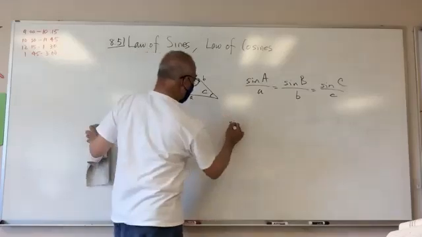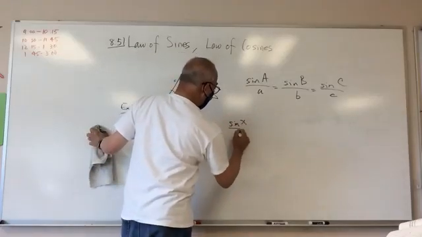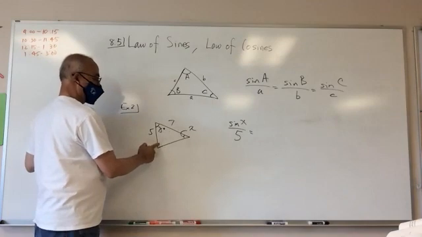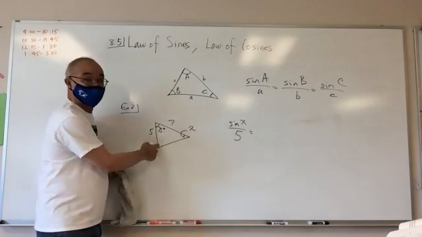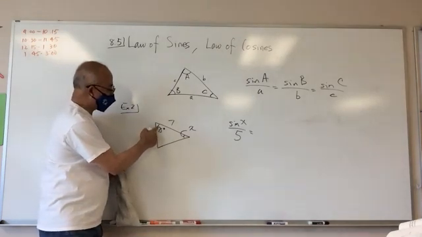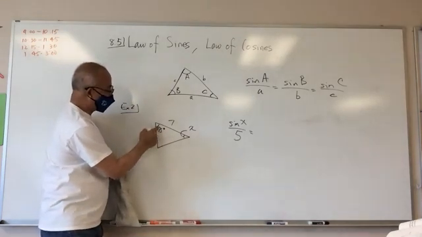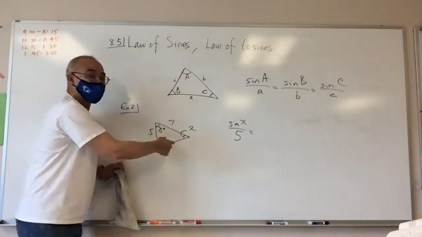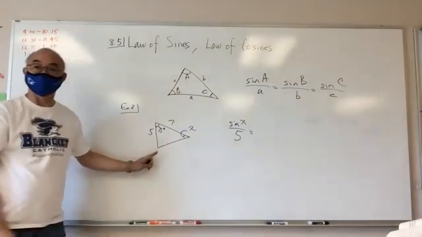So sine of x over 5 is going to be equal to sine of this angle over this side, but I don't know what this side is. I do not know this side either.